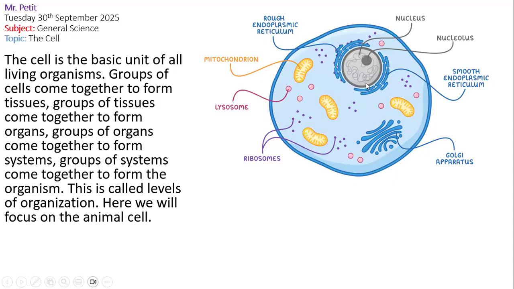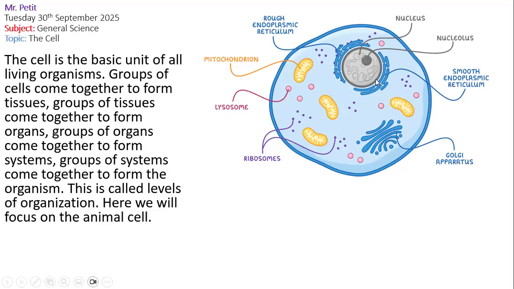Okay. So the most important thing on the cell is what we call here the nucleus. Now, I know this is a 2D demonstration, but the nucleus actually has an outer layer as well. The outer layer is continuous with the rough endoplasmic reticulum, which is on the side. Inside the nucleus, we call this the nucleoplasm.